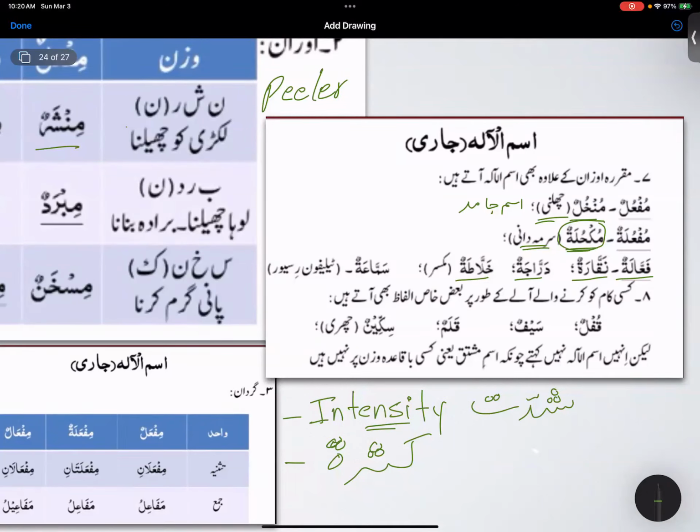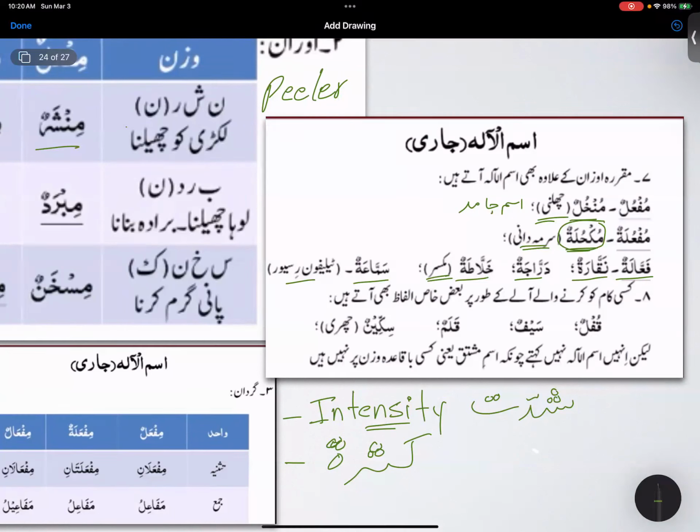Even their colors are different. The water is the same, subhanallah, right? Same water they are getting, but everything is producing something different. So khallatatun is a mixer. Samma'atun, telephone receiver.